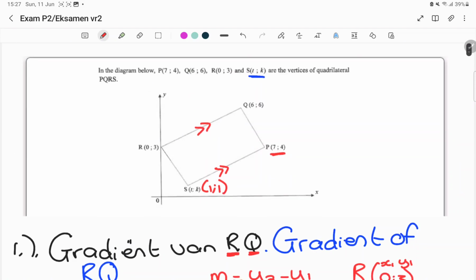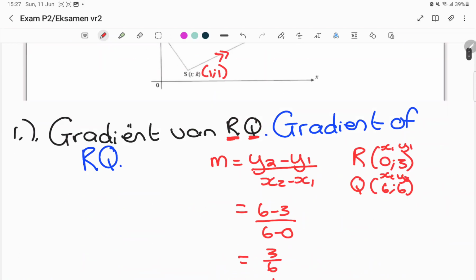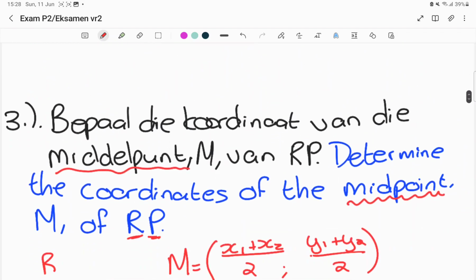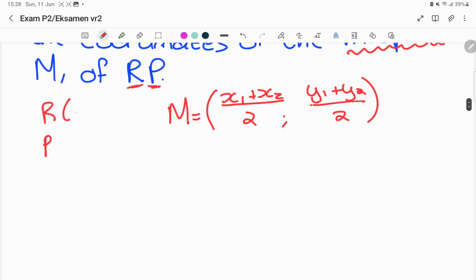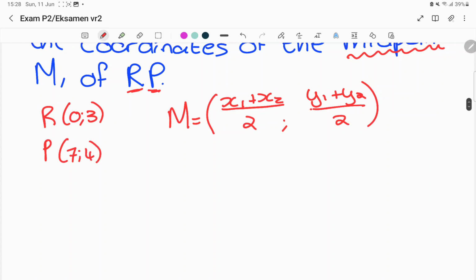So we're going to get the coordinates of R and the coordinates of P. Okay, so my coordinates of R is 0, 3. And my coordinates of P is 7, 4. Alright, so now all we're going to do is we substitute it in. So let's say this is once again x1, y1, x2, y2.